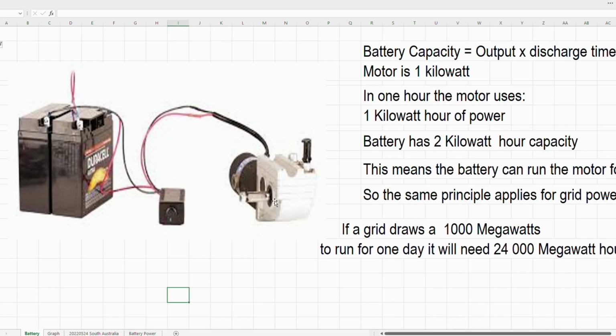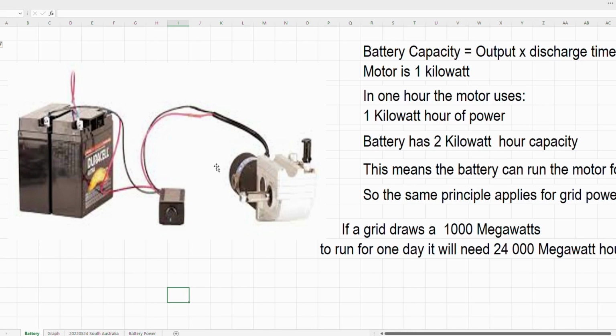The question for us is, what's the capacity of the battery? How do you measure the capacity of a battery? So the battery capacity equals the output times the discharge time. So if this motor was a 1 kilowatt motor, that's its power output, and if it ran for 1 hour, it would use 1 kilowatt hour of power.